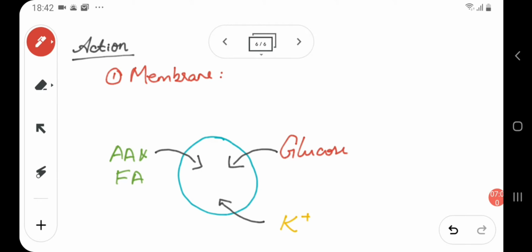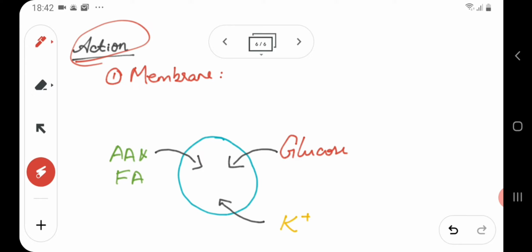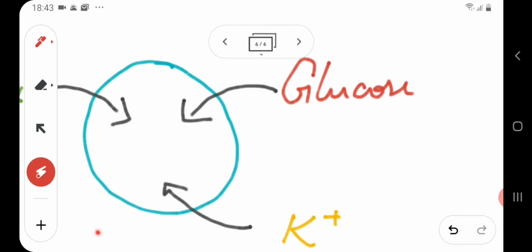So now we will see the action of insulin. So this is divided into certain parts. So the first thing that we will see is the effect on the membrane. Coming to glucose. So as far as glucose is concerned, insulin facilitates the entry of glucose into the cell for it to get metabolized.